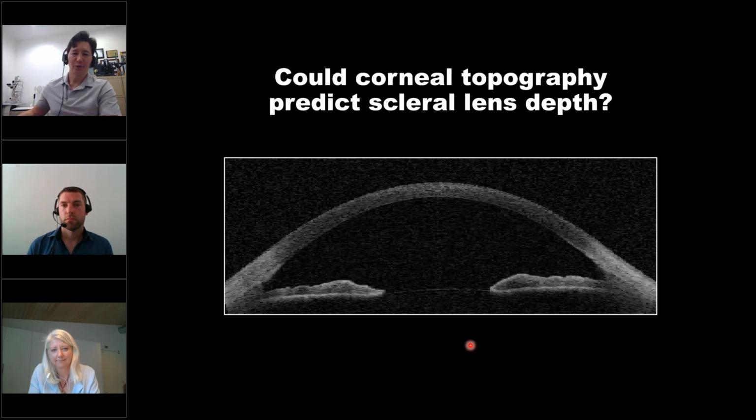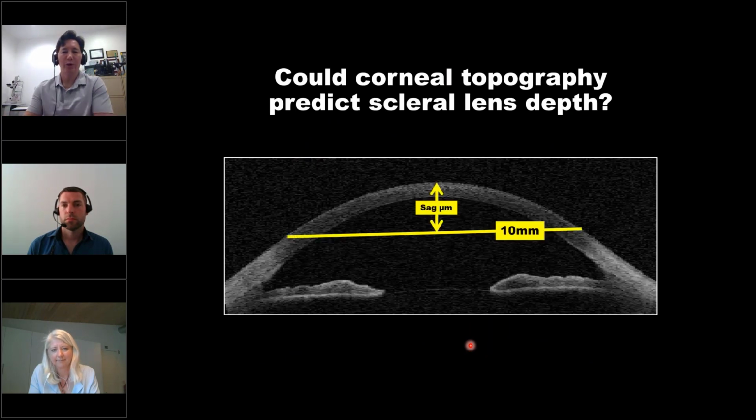So what Medmont can do is it can understand the corneal sagittal depth and the scleral angle. And I think it does a very good job of that across the horizontal meridian. And that's been found by numerous studies, both in Europe and in North America.